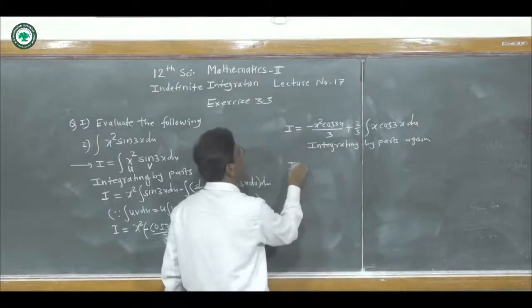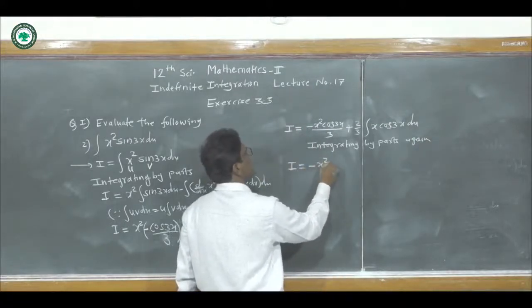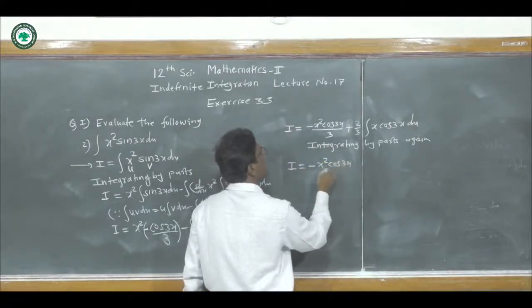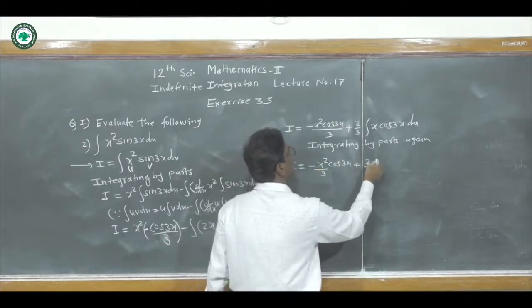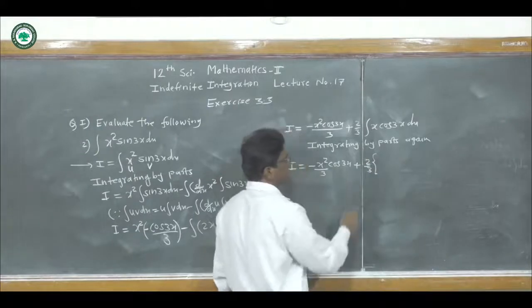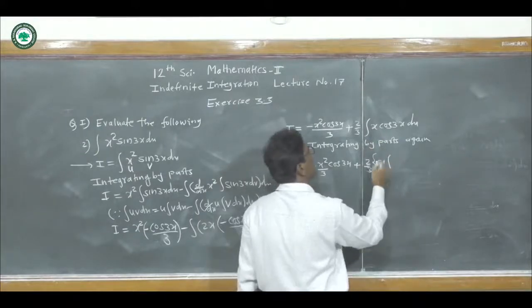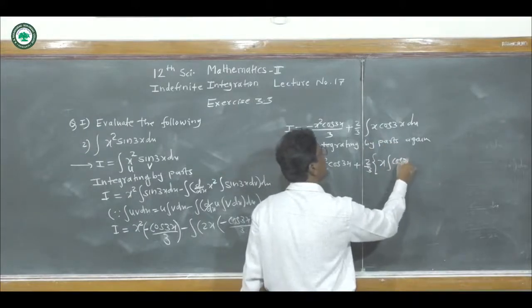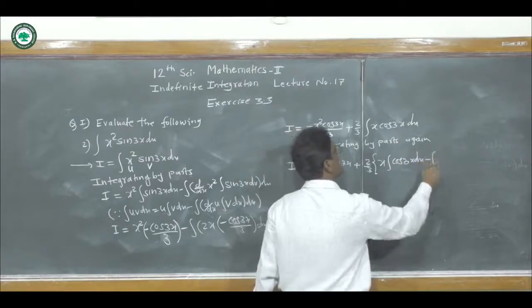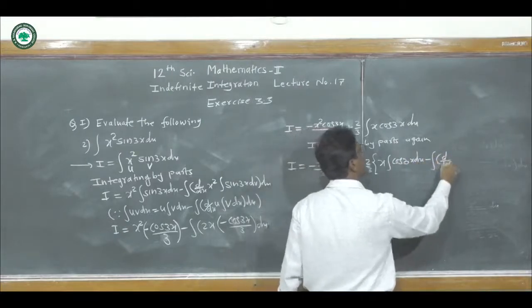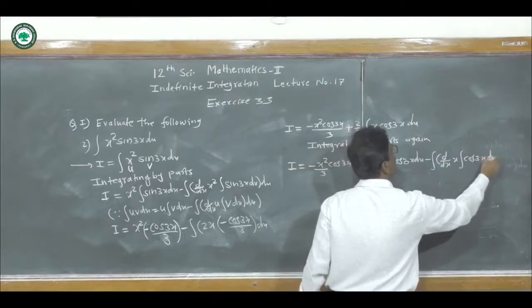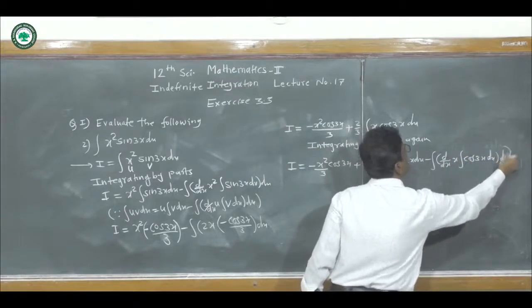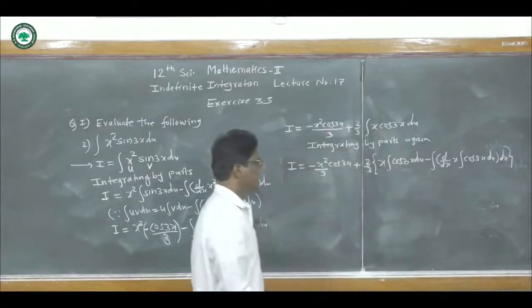And therefore I is equal to minus x square cos of 3x upon 3 plus 2 upon 3 in bracket, first function x into integration of cos of 3x dx minus integration of d by dx of x into integration of cos of 3x dx, and this bracket we complete here.